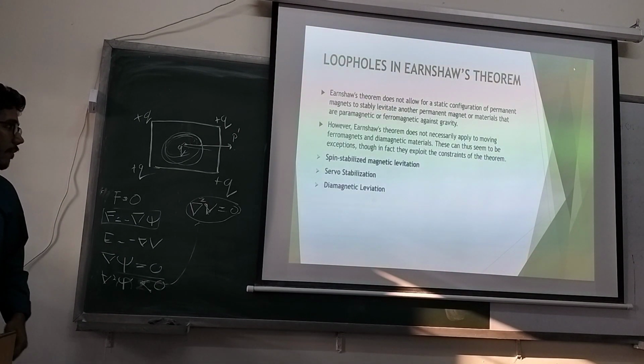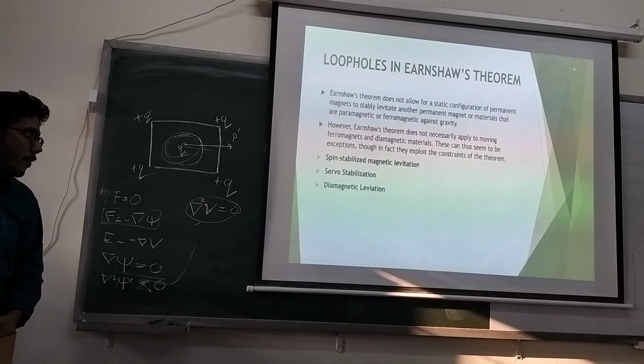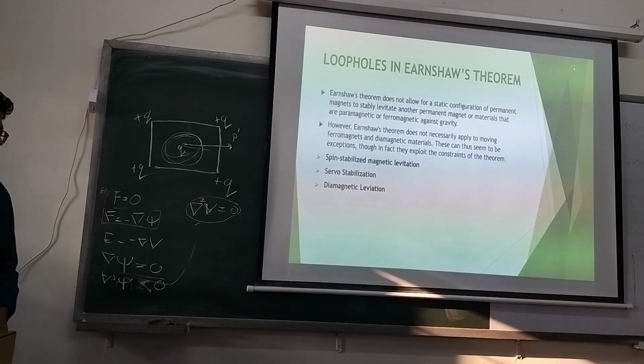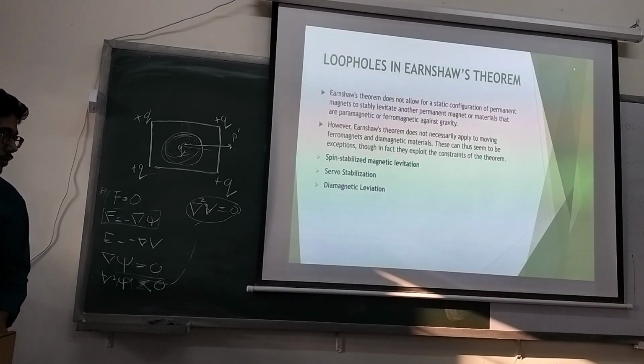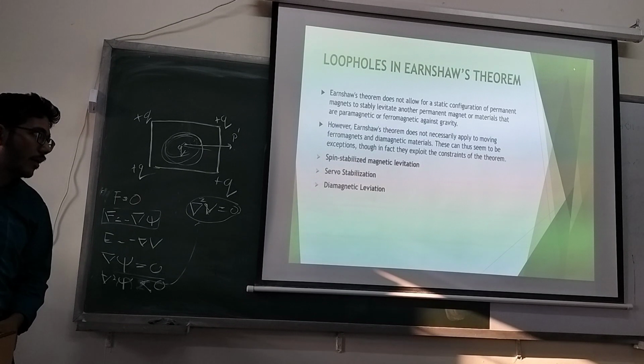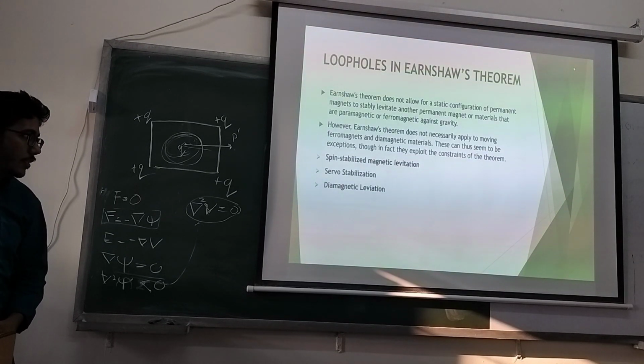there is diamagnetic levitation. Whenever some metals or ceramic substances are lowered below a certain temperature, they exhibit the property of superconduction, right? So a superconducting material is perfectly diamagnetic.